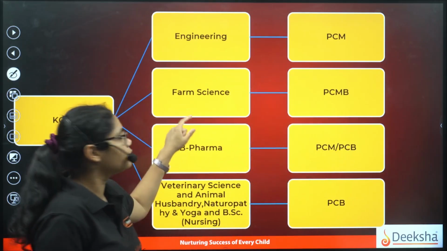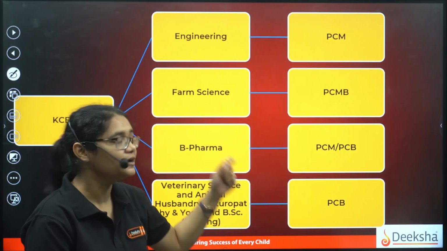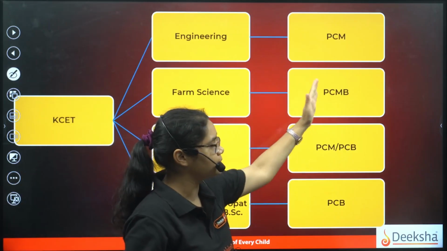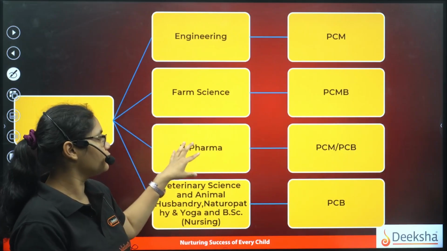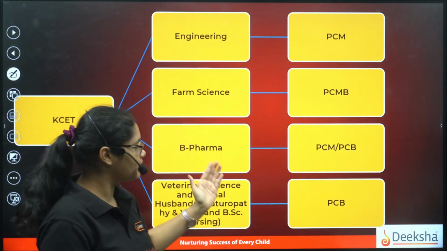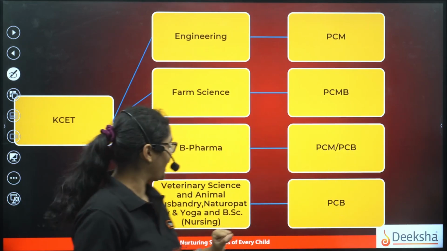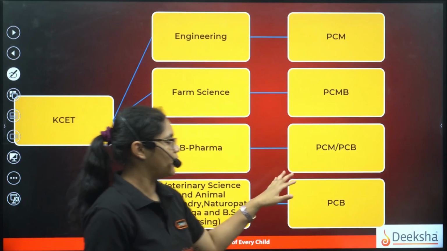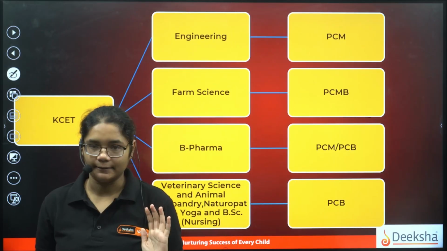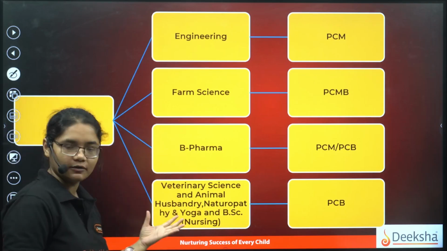If you want farm science like agriculture, horticulture or sericulture, you have to write physics, chemistry, maths plus bio, all four subjects. If you want B Pharma, you can write either PCM or PCB, any one is fine. And for veterinary science and animal husbandry, you have to take PCB only. I hope it is clear what exams are required for which courses.